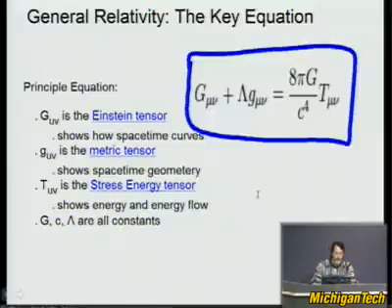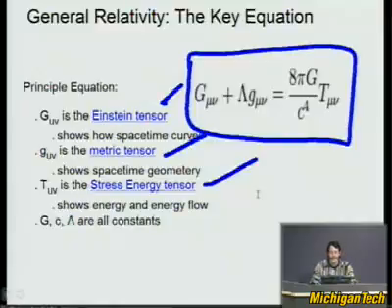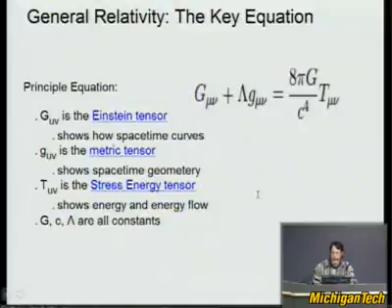Three big ones occur: the Einstein tensor, which tells how space curves; the metric tensor, which we saw a little bit previously, that really tells you distances and times between two events. And the stress-energy tensor is very key because it tells you where the energy is, and the energy is what tells space how to curve. So you have to know where the energy is and where it's flowing, and that gives you the stress-energy tensor. From that you get things like the metric tensor and the Einstein tensor, which tell you how things move and the distances between things.